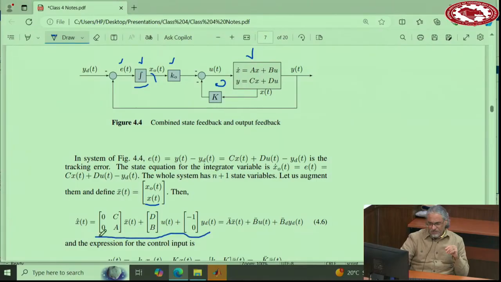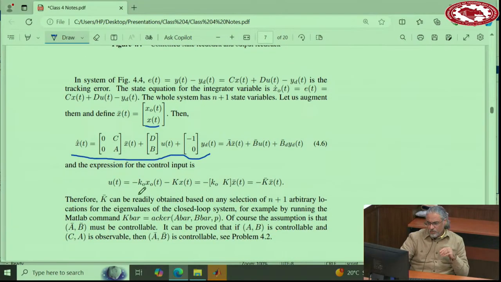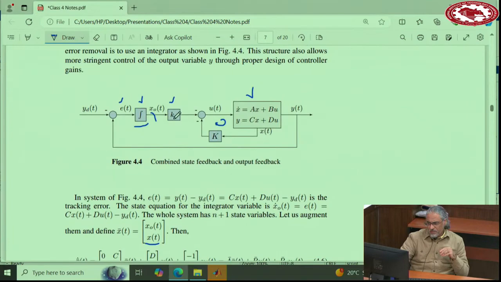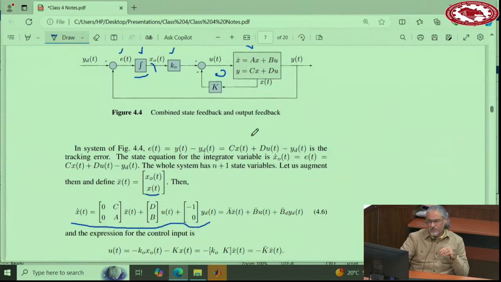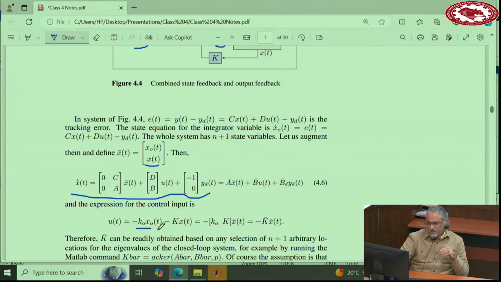Now, this equation here, 4.6, represents the state space equations of this augmented system. And for u equal to negative k0 x0, negative k x, you can write it this way. And x bar is the augmented state, and let's call this k0 and k bar.